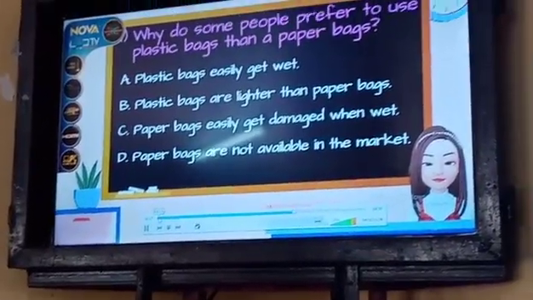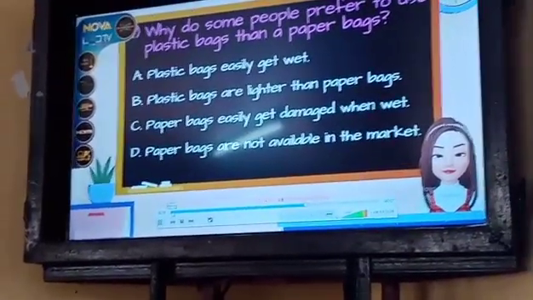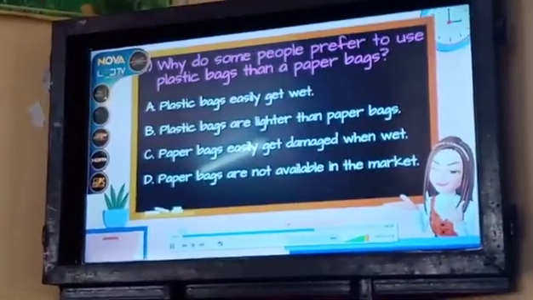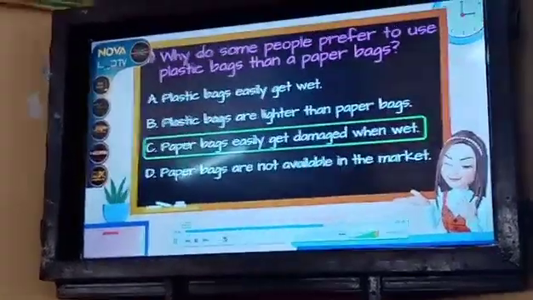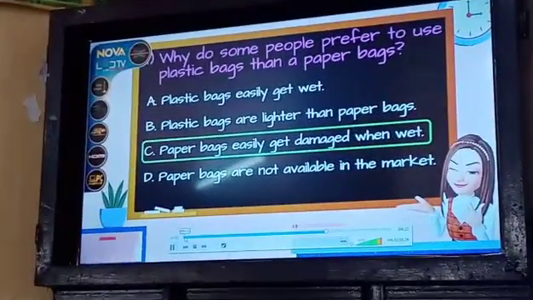D. Paper bags are not available in the market. So what would be the correct answer now? Are you ready? So the correct answer is letter C. Paper bags easily get damaged when wet.